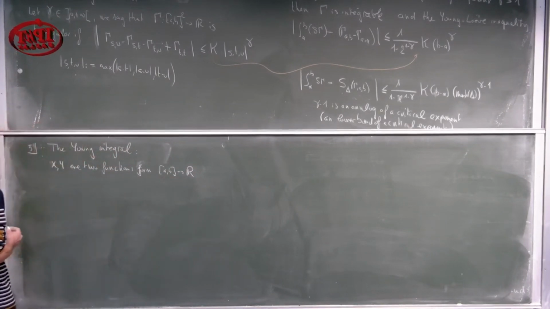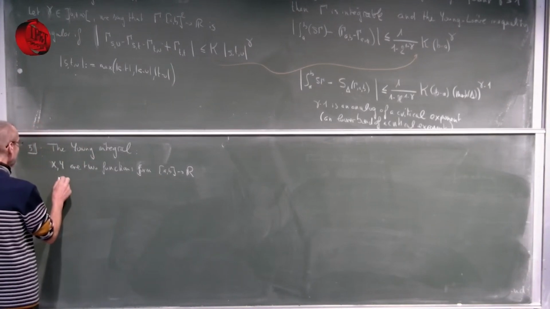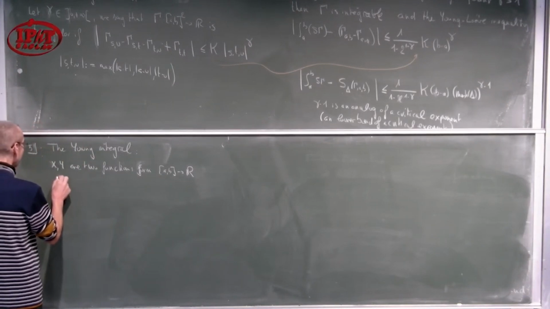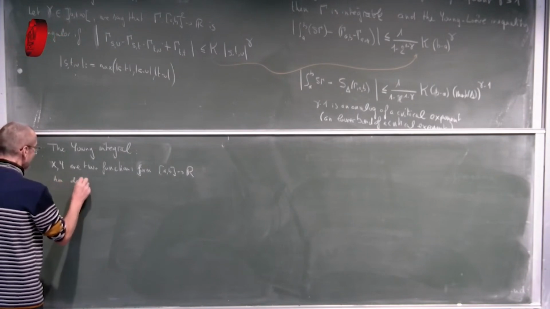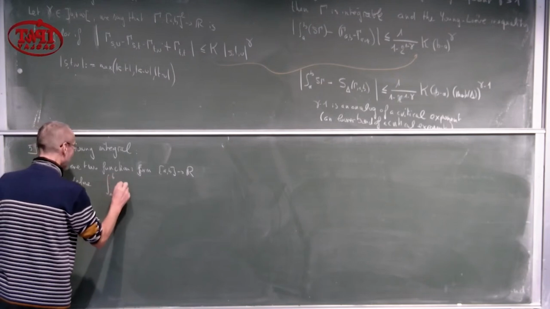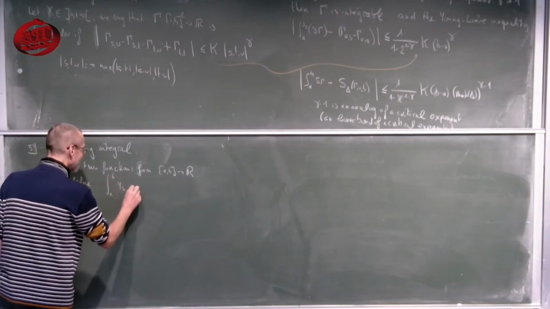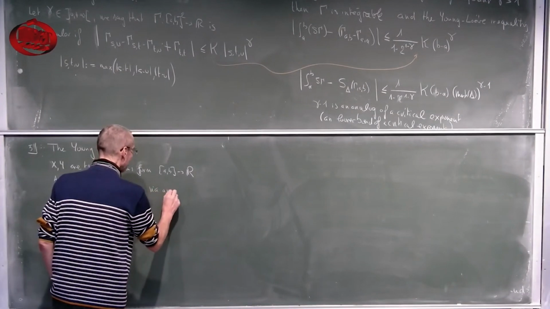So then take something, and the aim is to define the integral from a to b of ys dxs via analogues of Riemann sums.